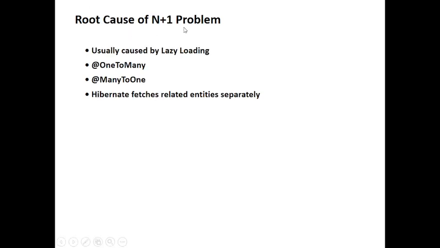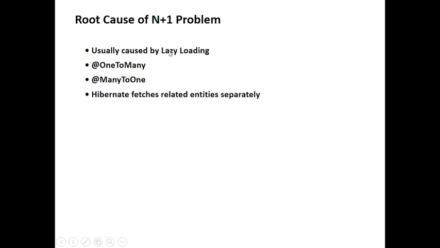So what is the root cause of this N+1 problem? It is usually caused by lazy loading. These are the associations between the entities, and Hibernate fetches related entities separately when you do lazy loading. When you load orders, the association between orders and customers is one to many or many to one.